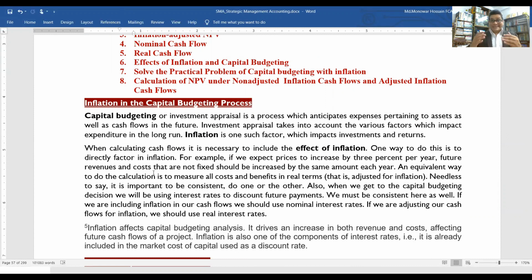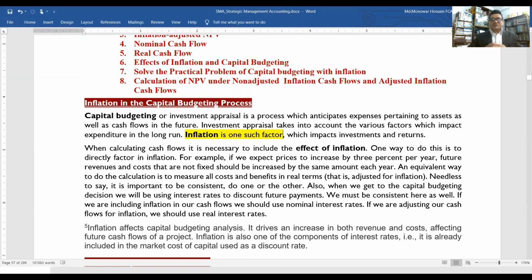Investment appraisal takes into account various factors which impact expenditure in the long run. Inflation is one of such factors which impact investment and returns.